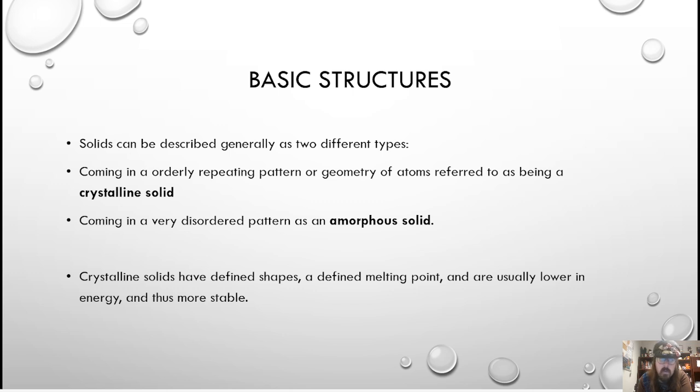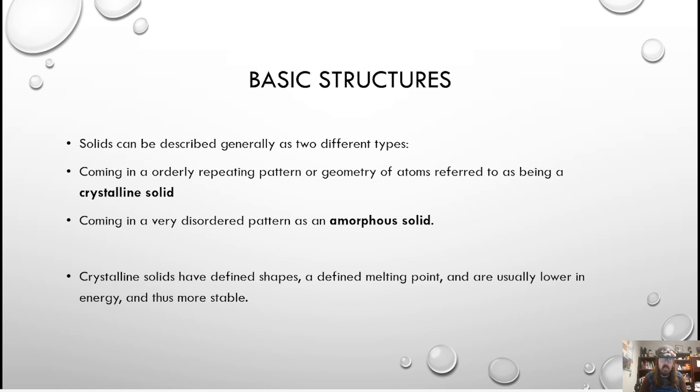It means to adopt an orderly repeating pattern or geometry. So it forms a repeating structure that you can see throughout the solid. And this is generally a lower energy, stable state, so this is going to be the preferred state.